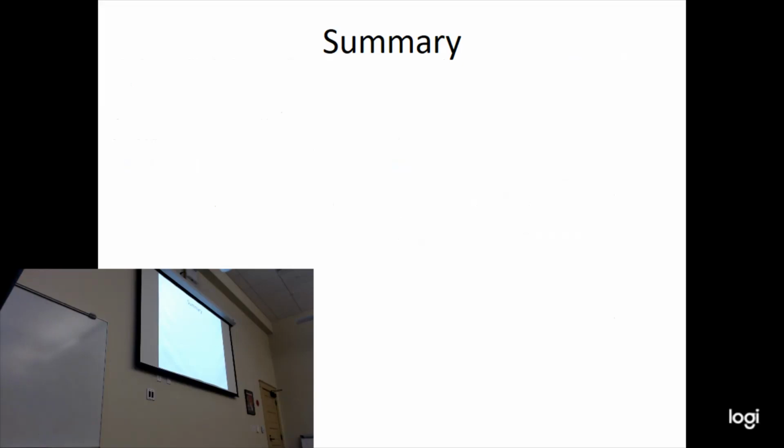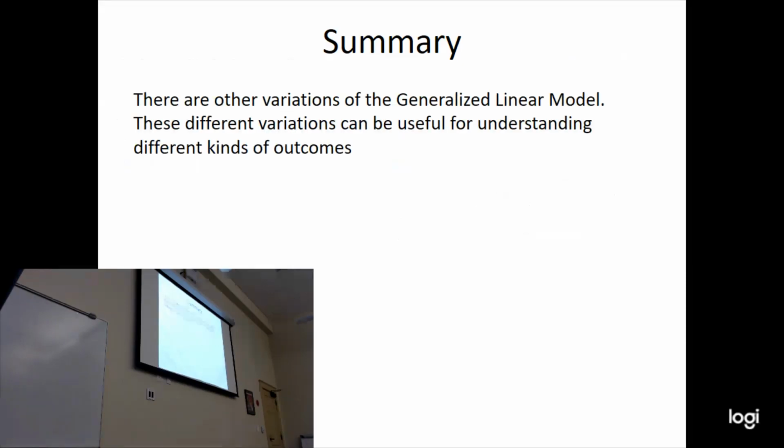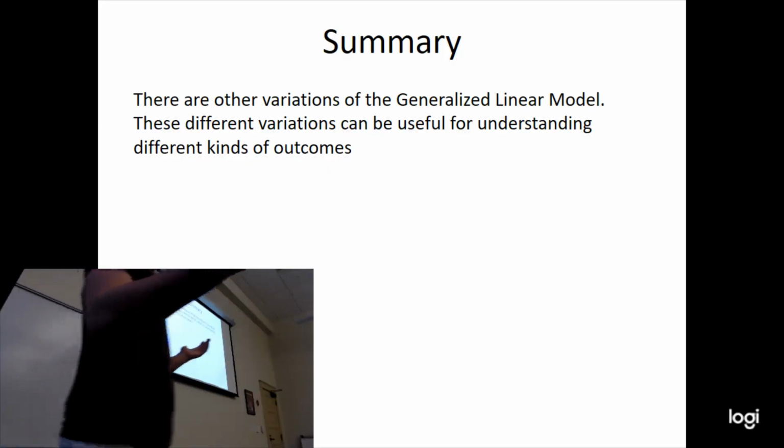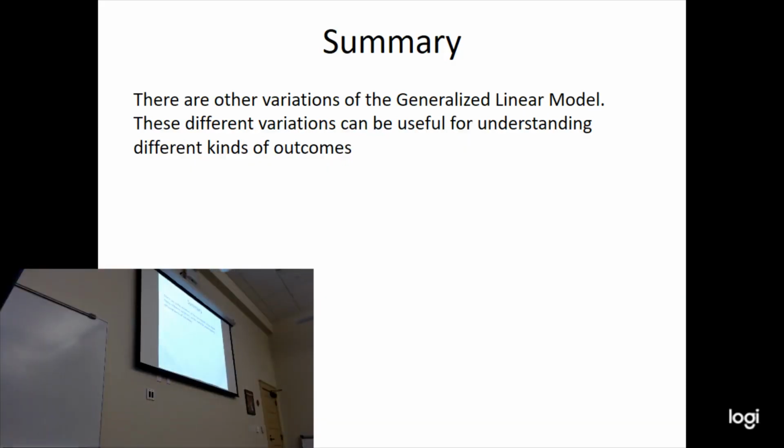Okay, so the big picture ideas again are that there are other variations of the generalized linear model. They use the same tools that we use to understand dichotomous outcomes. You need a link and a distribution.